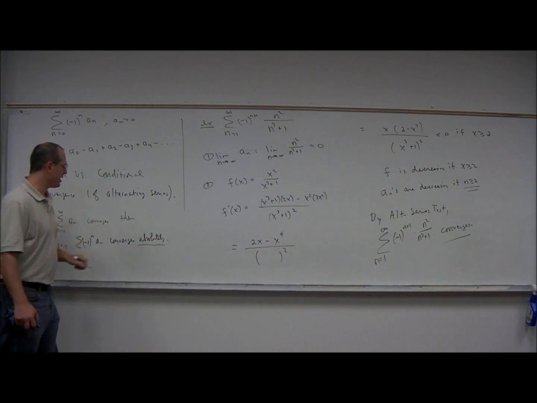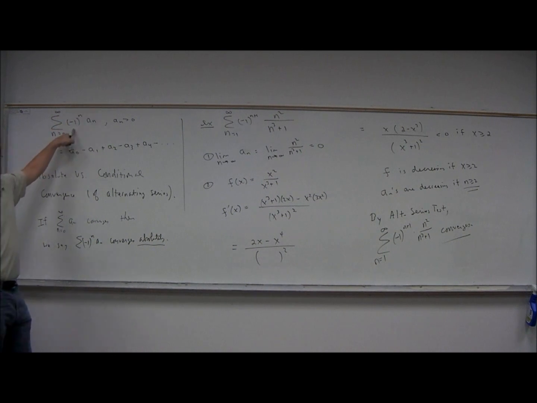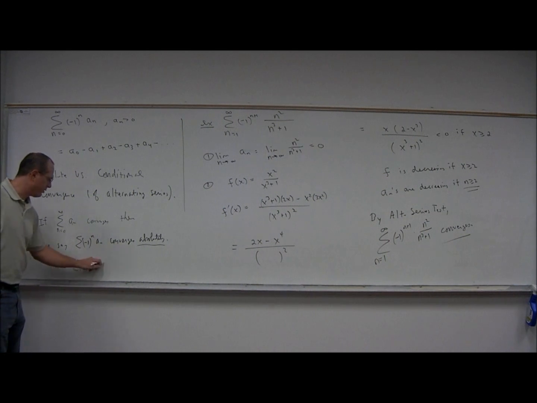The word absolutely comes from absolute value. If you take the absolute value right here, that will remove the alternating symbol. And when we say that the alternating series converges absolutely, that is an example of convergence. So the alternating series does converge.